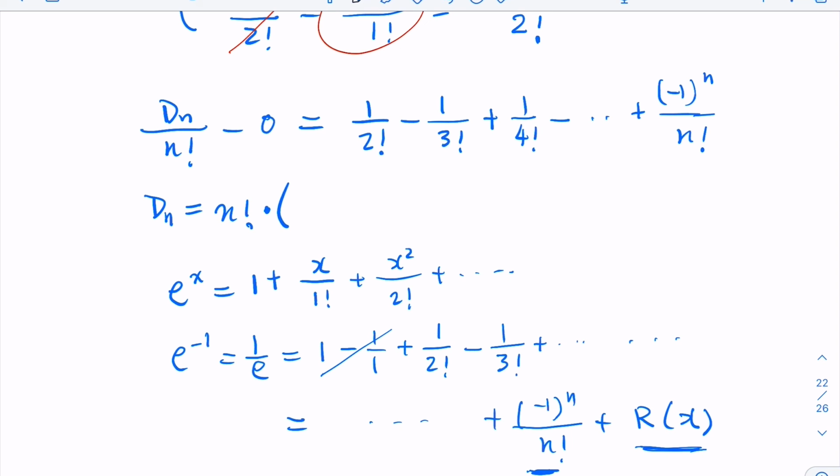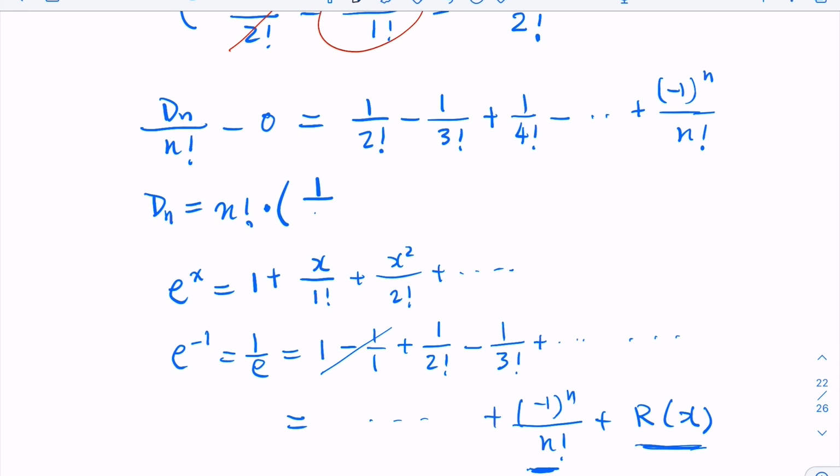Over here, the right hand side, you can say this is going to be 1 over e minus some remainder term, yeah? This remainder term is just going to be small when n is big enough that it can be ignored.